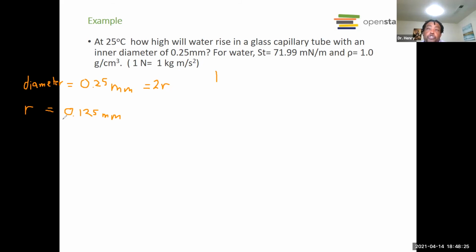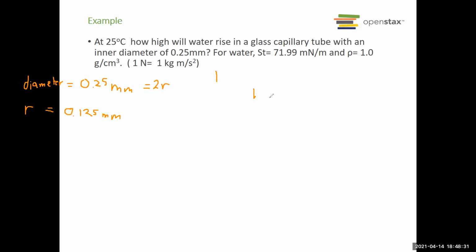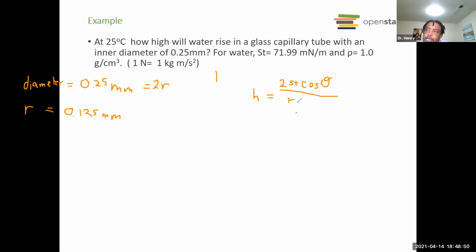Okay, so what is that equation that we have? h equals 2 surface tension cosine theta over r rho g.